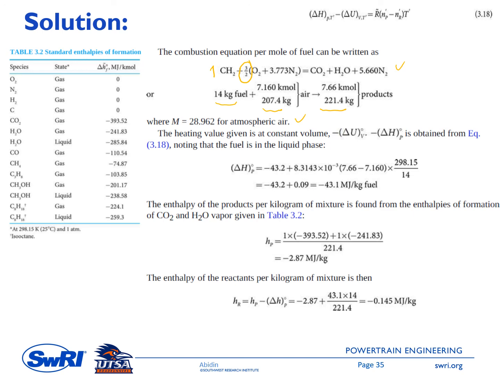And this is the molecular weight of atmospheric air, 28.962. Okay, so first we need to calculate delta HP, with the same method.